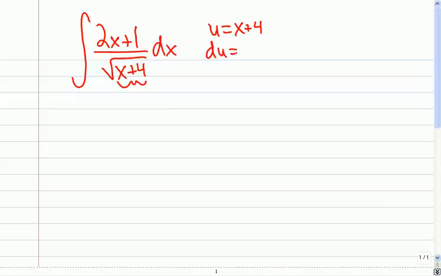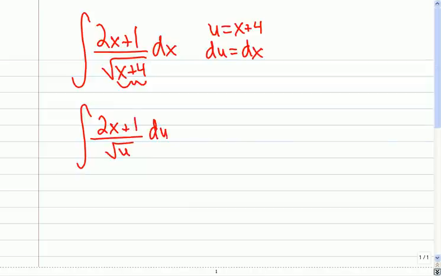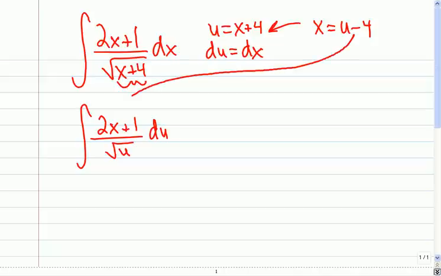So du is going to be equal to dx. So that means this time I start with those substitutions and I still have an x. But I can use this equation here to say that x equals u minus 4. And I'm going to take that and put it into here.